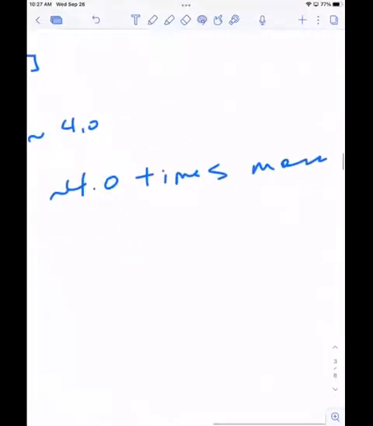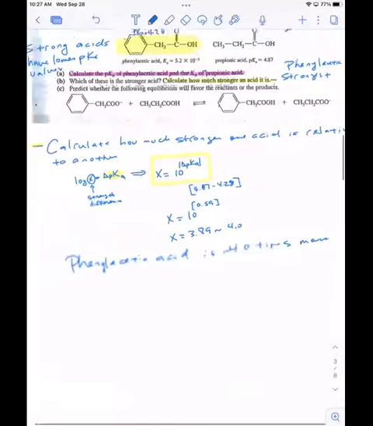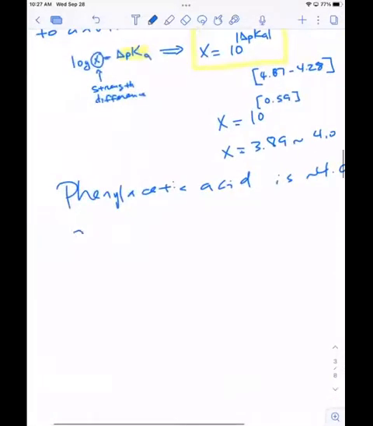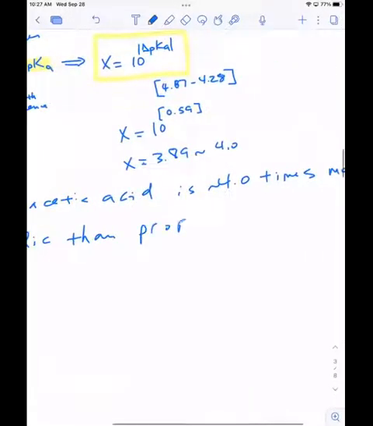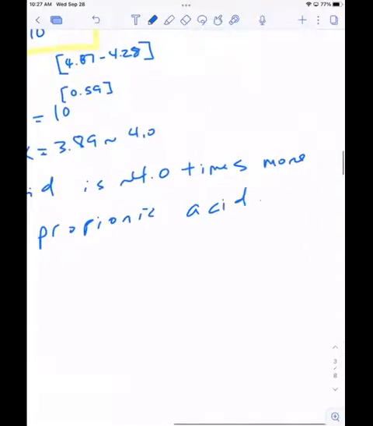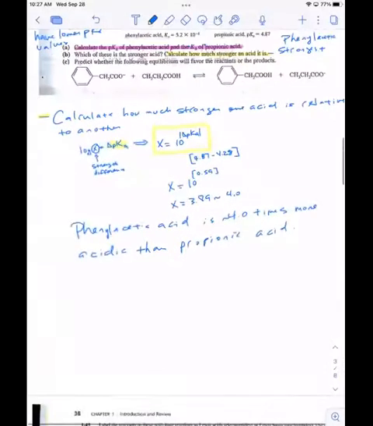Right, so 4 times more acidic than propionic acid. Any questions about that? Anybody not following? Let me know.